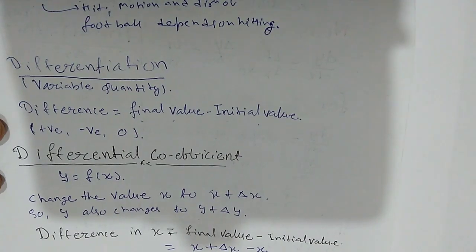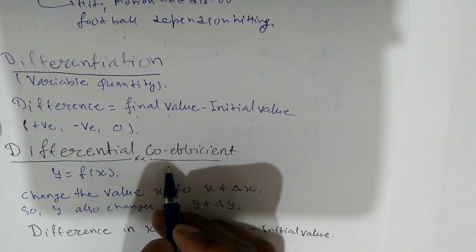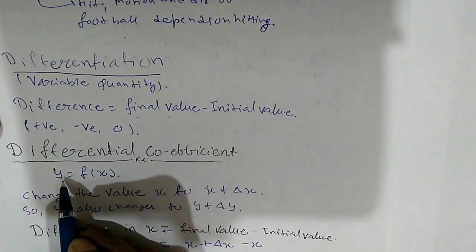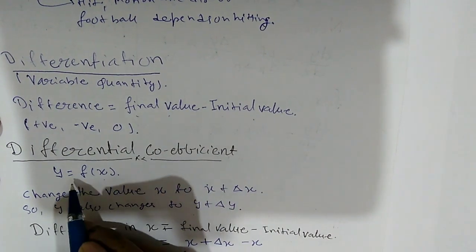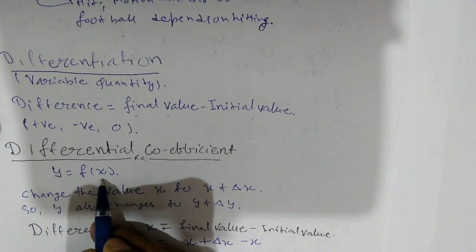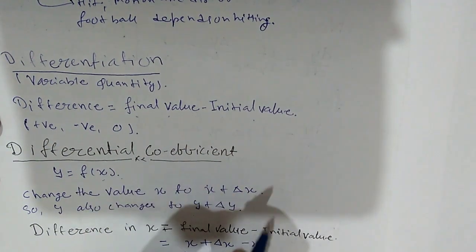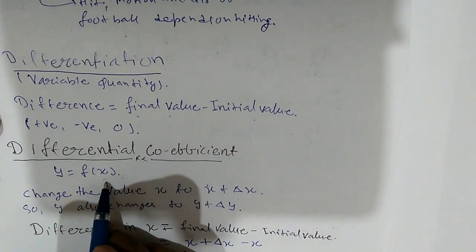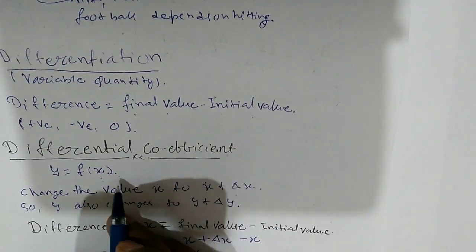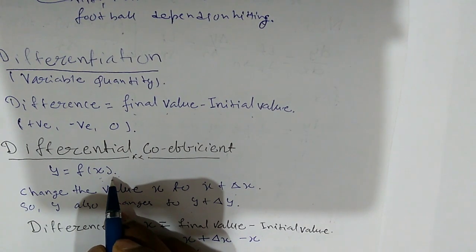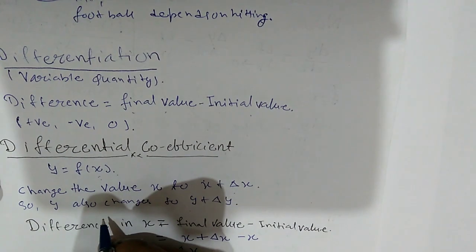Now the next one is differential coefficient. For this we take y as a function of x. Now if x changes by an extremely small quantity, that is del x, or changes from x to x plus del x, then similarly y changes, as I already said in function.